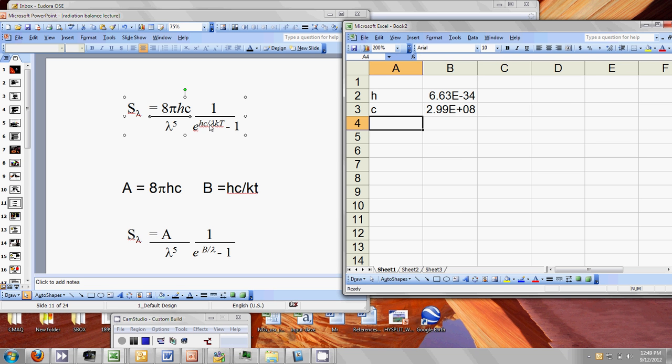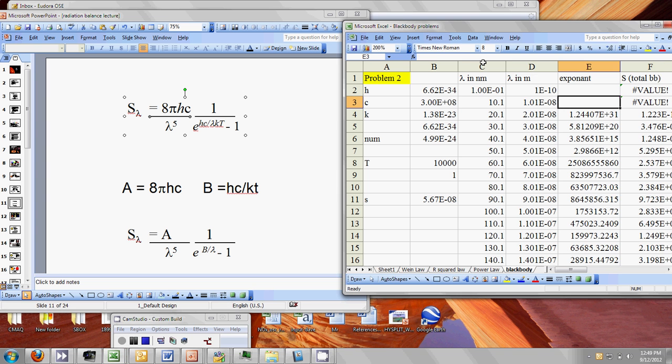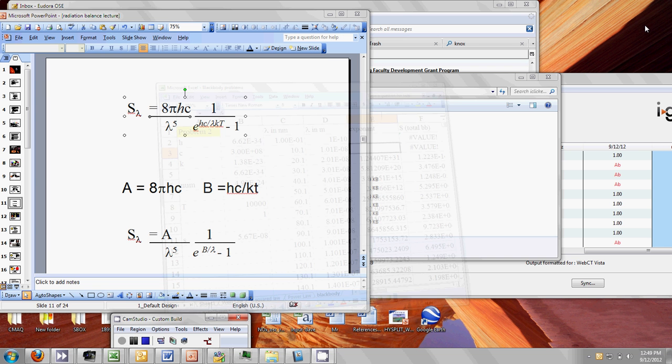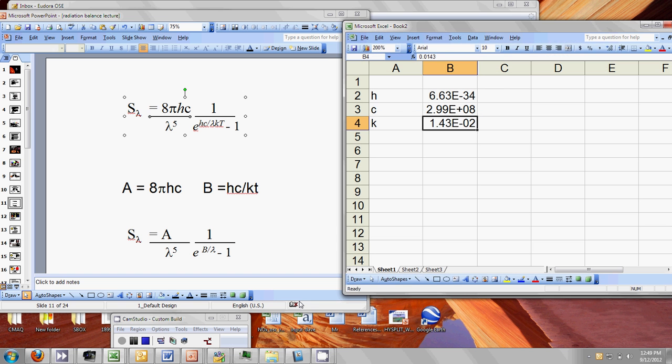If we look at our third variable, which is k, we have 1.43 e to the negative 23, I believe. Check on that. Yes, minus 23.